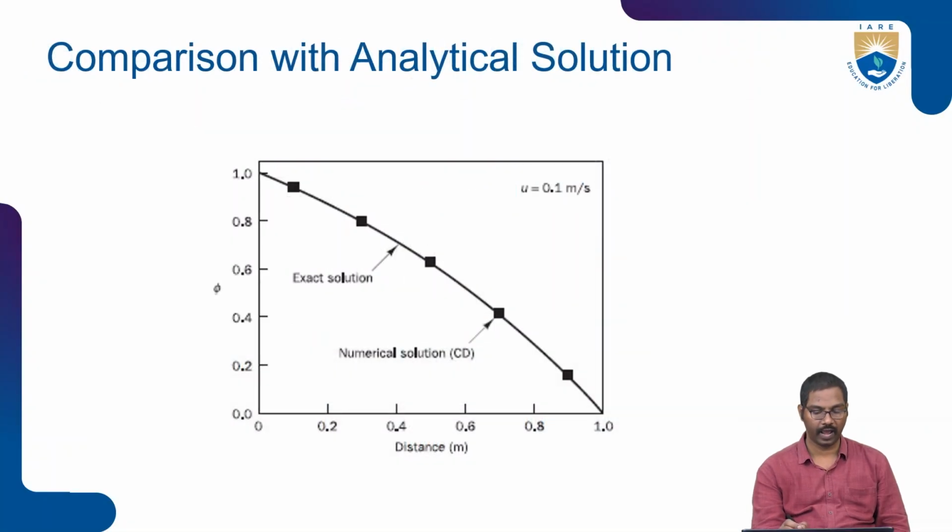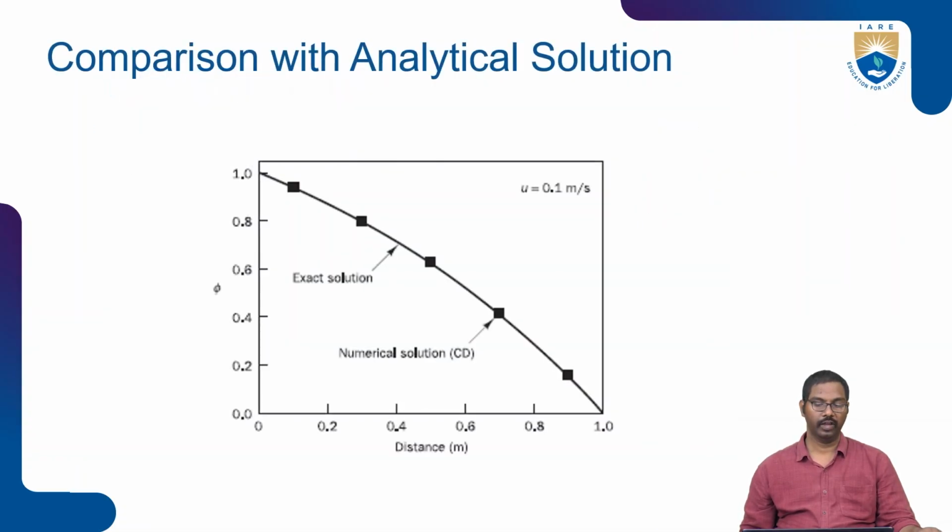You can see the graph between the analytical and numerical solution, it is almost the same. You can go for 0.2 or 0.5 or different cases, and you can check the finite volume method efficiency.